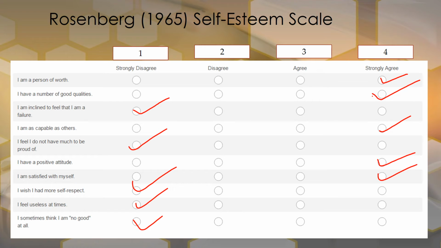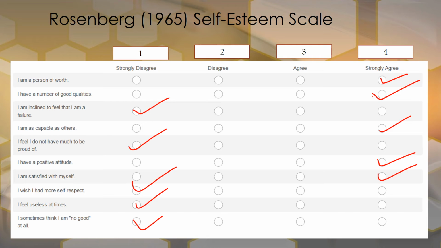That works too. But when we get to I am inclined to feel that I am a failure, that doesn't really work to give them a 1, because if they really disagree with this statement, then that really means they have high self-esteem. So that doesn't really work. So this is what's called a reverse scored item.